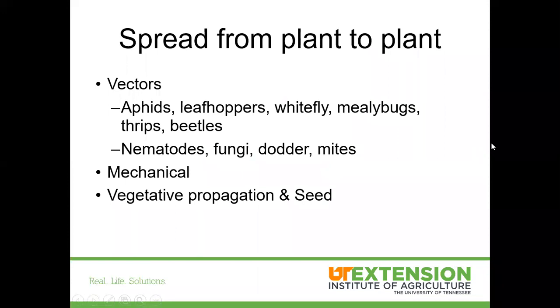Vectors: aphids, leafhoppers, white flies, mealybugs, thrips, and beetles, nematodes, fungi, dodder, mites. Again, mechanical injury, vegetative propagation, and seed. It can be spread through when you graft plants.